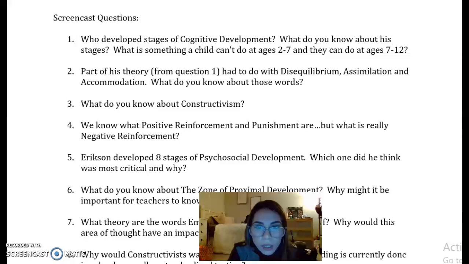Part of his theory from question 1 had to do with disequilibrium, assimilation, and accommodation. Disequilibrium is an unbalance. Assimilation is, let's say a child knows what a cat is.